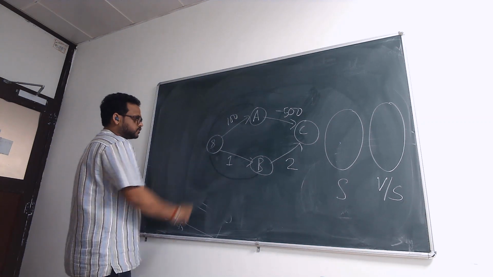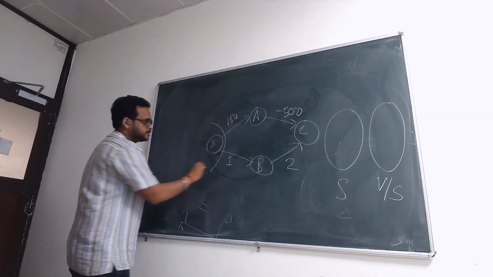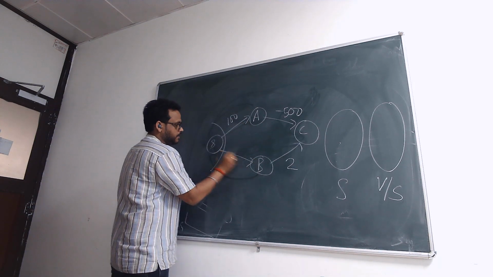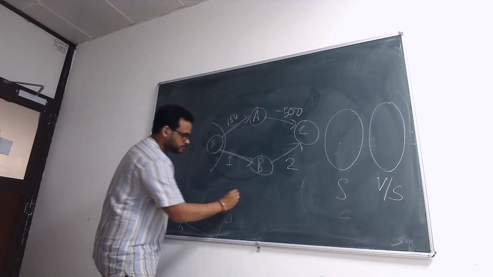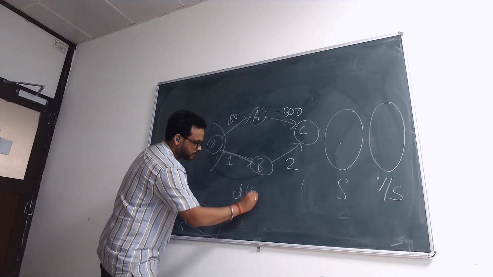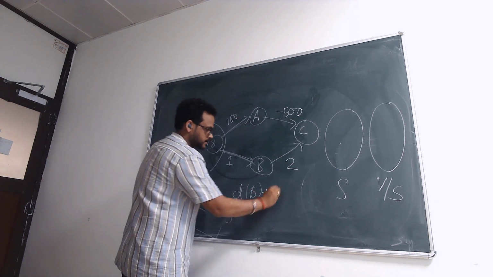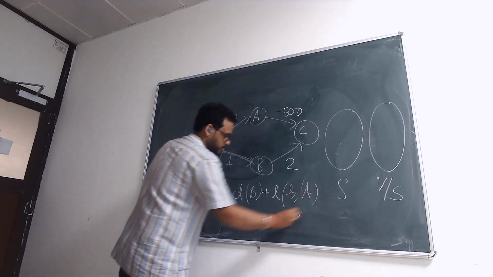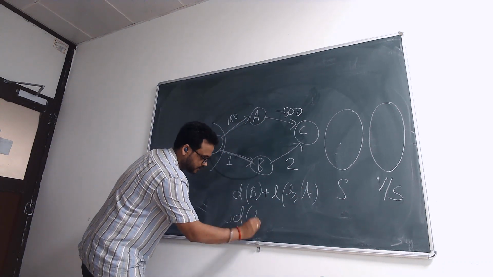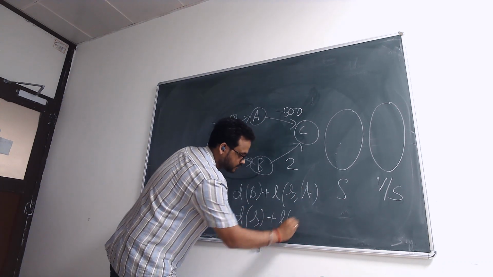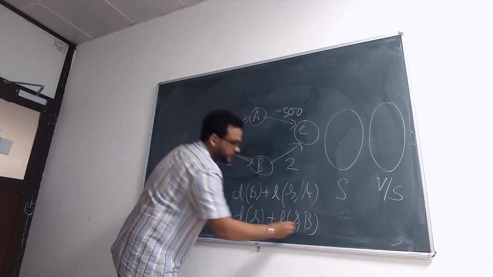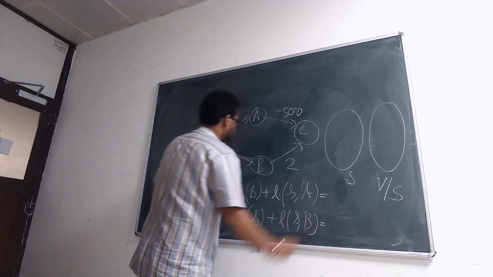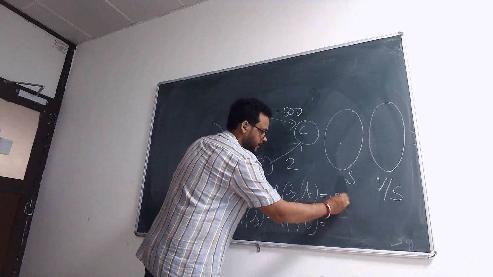Suppose we start from the source node S. Then we have to look at all the cut edges coming out of this particular component. So how do we calculate? d of S plus length of S comma A, d of S plus length of S comma B. So this is nothing but 100 and this is 1.